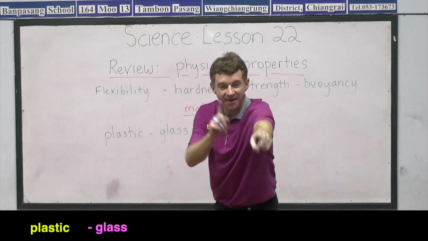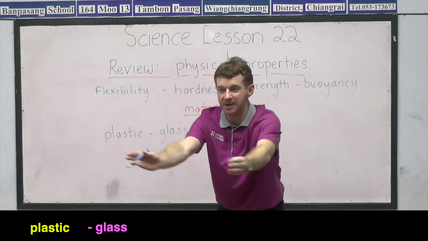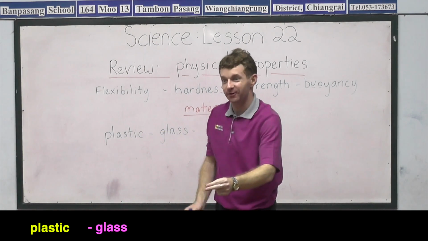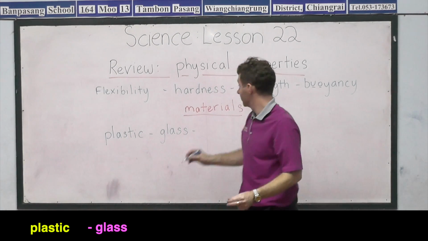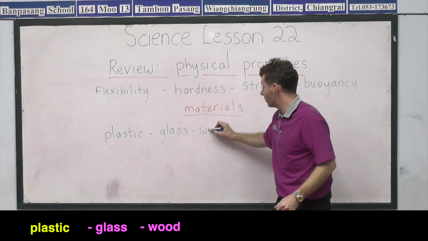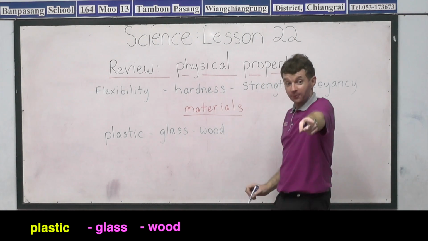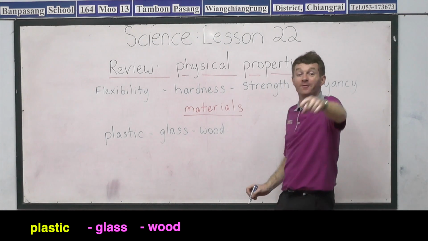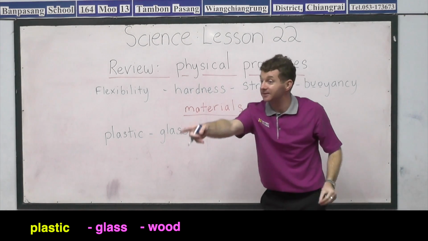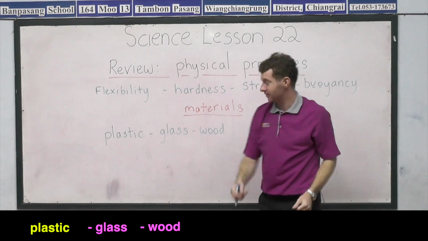After tree and before paper it is wood. Wood comes from the tree and wood makes paper. So the material, W-O-O-D. So Pearl, you're right. We have the tree makes wood and the wood makes paper.